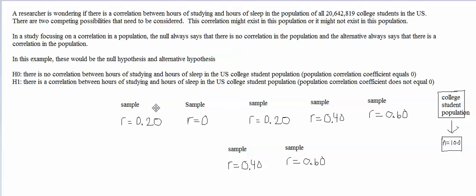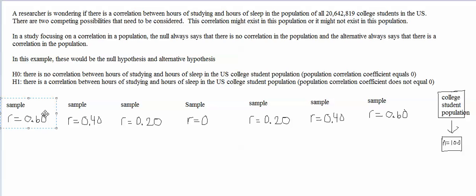As you go from 0 up to 1, you get stronger positives, and as you go from 0 down to negative 1, you get stronger negatives. Remember that the correlation coefficient can only fall between negative 1 and plus 1. Negative 1 is a perfect negative, and plus 1 is a perfect positive. So these are possible outcomes that we might find with our sample of 100 people when we calculate the sample correlation.